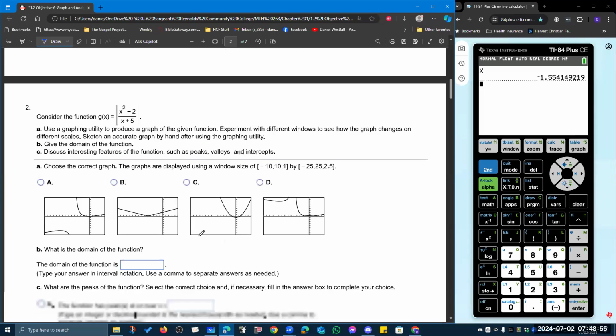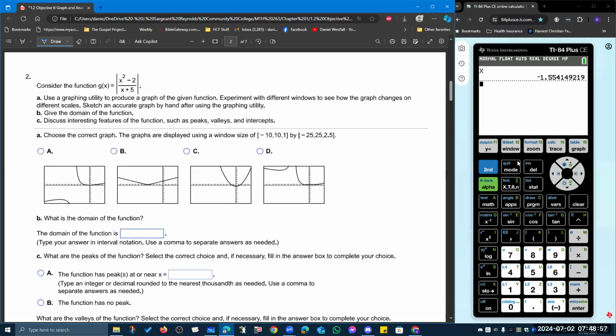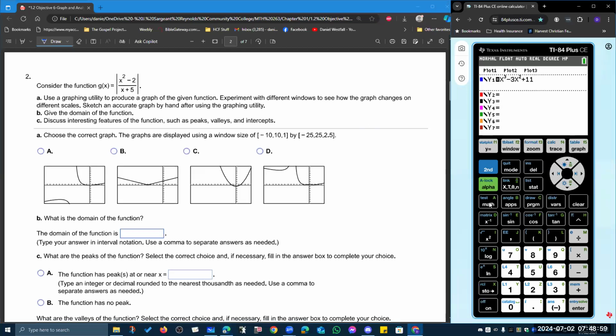All right. Now let's look at this graph. Math, number, absolute value function. Numerator is x squared minus 2. Denominator is x plus 5.